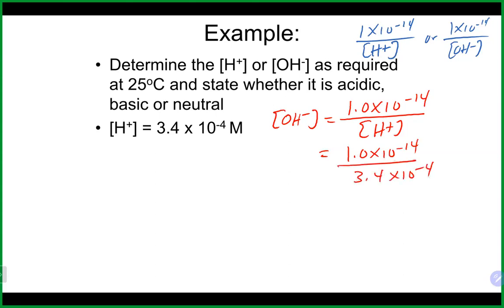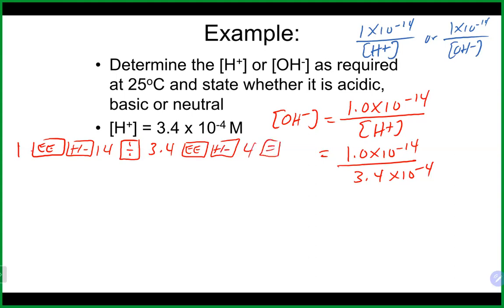Once again, you would go 1, exponent button, negative button, 14, a little divide button, 3.4, exponent button, negative button, and 4, and it equals. And if you do all that good stuff, hopefully you get a calculator that's not dying like mine, but we'll try it.